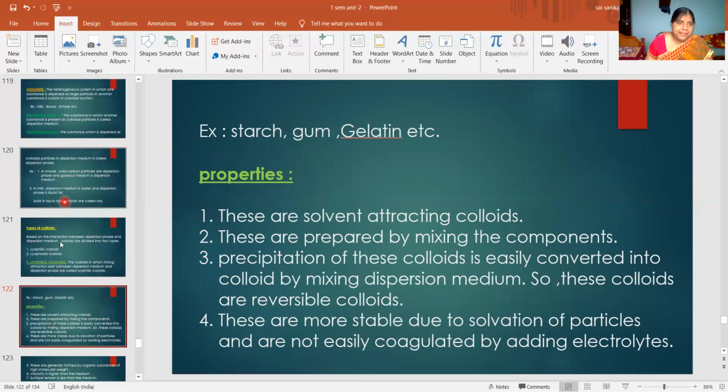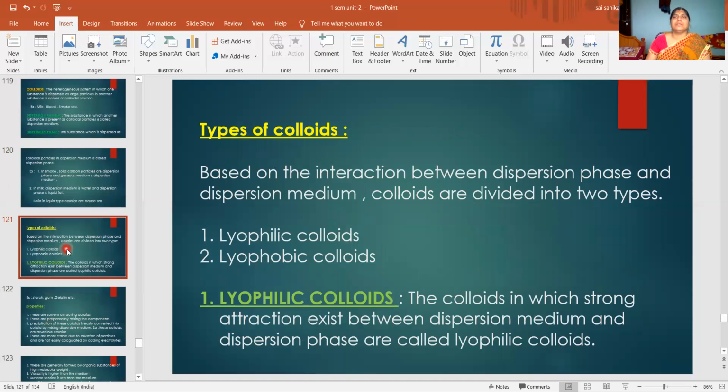Next, types of colloids. Based on the interaction between dispersion phase and dispersion medium, colloids are divided into two types.